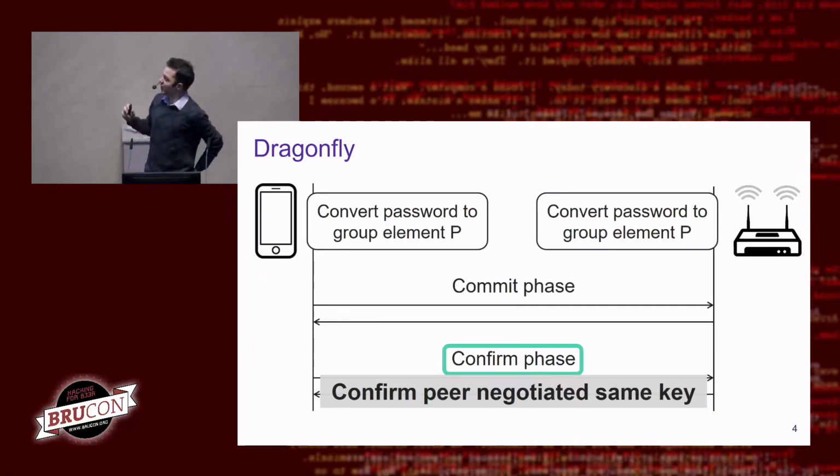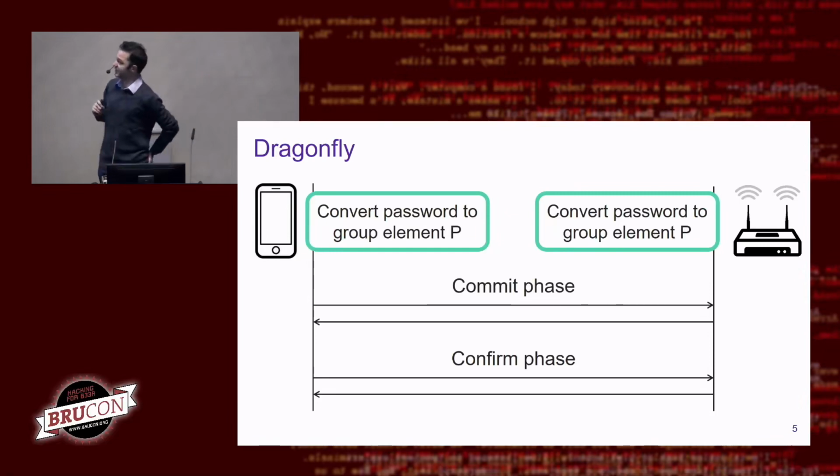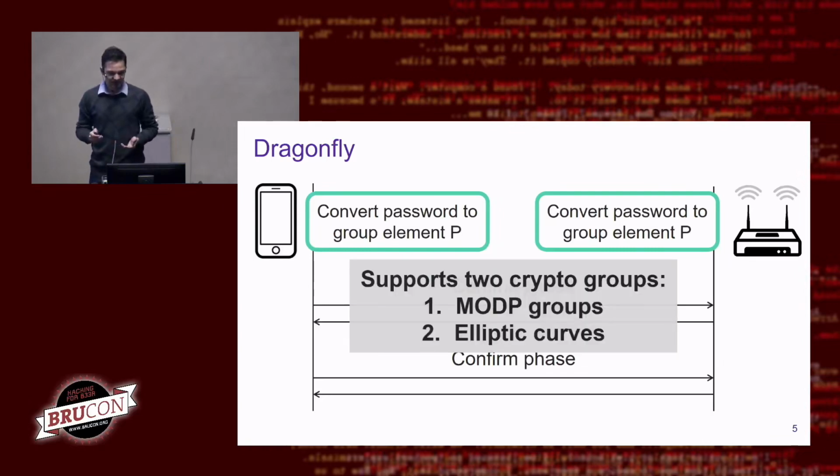Now, the important thing about the Dragonfly handshake, and where most of the things will go wrong and that we will discuss, is how this password is converted into a group element. I will now explain in a bit more detail how this password is converted to this element P. But before I do this, I have one more important remark: the Dragonfly handshake can be executed using two different so-called cryptographic groups.